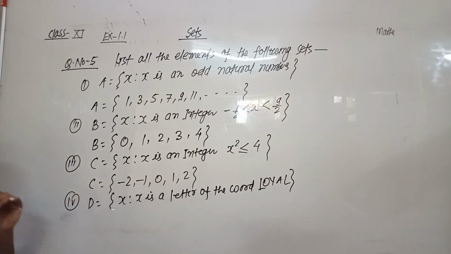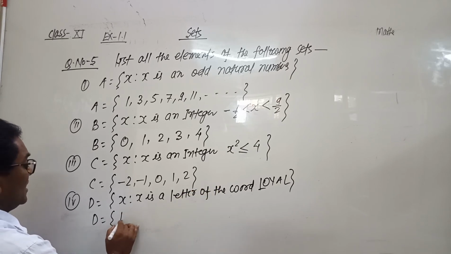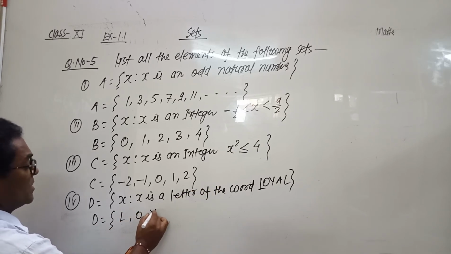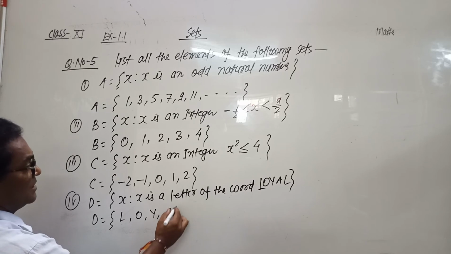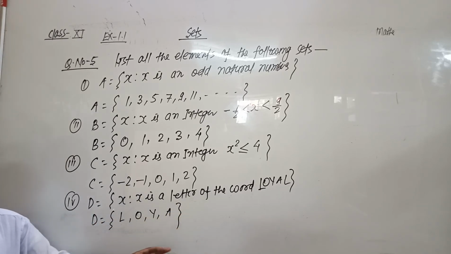So we write all the letters separately, individually. We will write L, comma, O, comma, Y, comma, A, and not repeat. L is there 2 times, so we have to write it only 1 time. Letters should not be repeated. So L, O, Y, A.